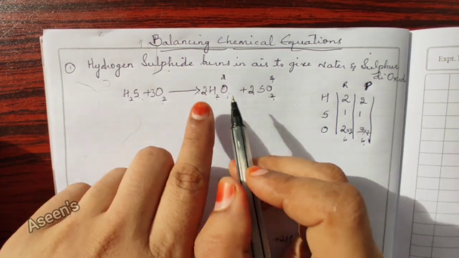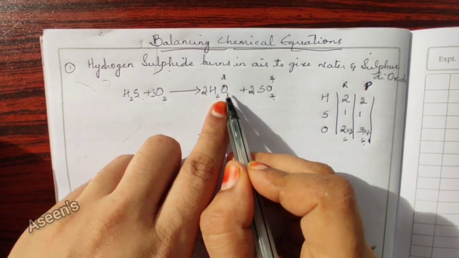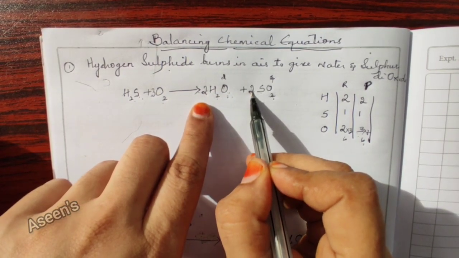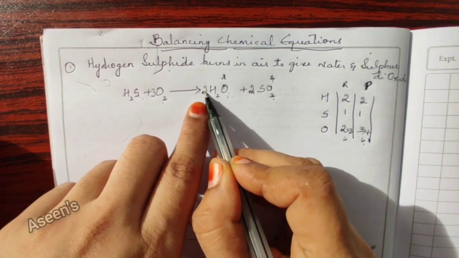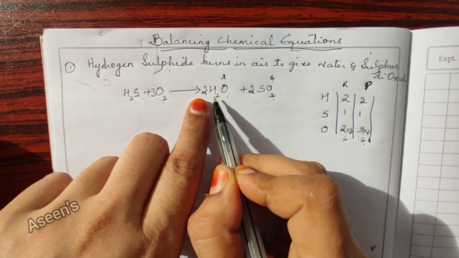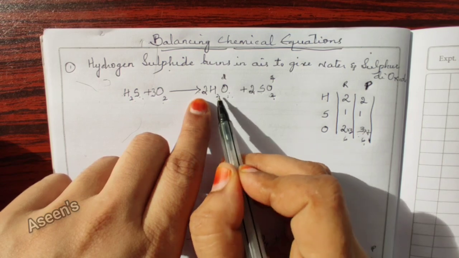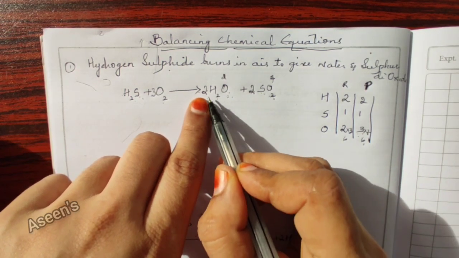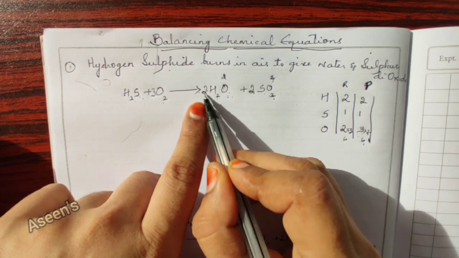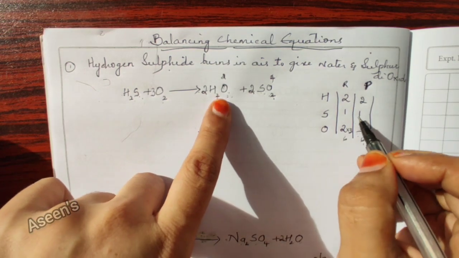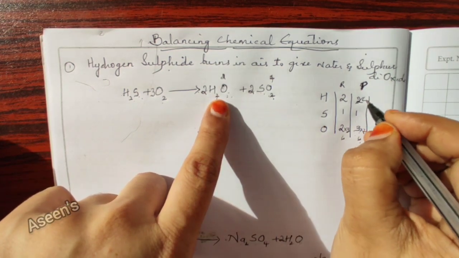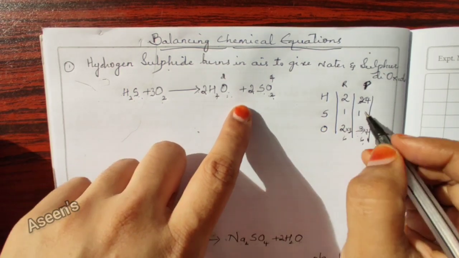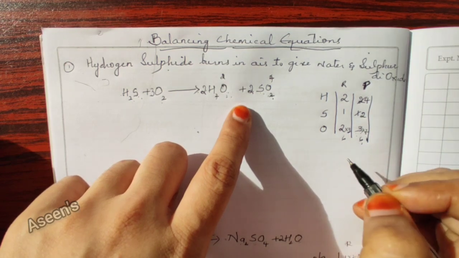Now see here on this side, to balance this oxygen, I have put 2 and 2. Now because of this 2, though my oxygen is balanced, my hydrogen and sulfur have changed. My hydrogen here has become 2 2s are 4. On the product side, my hydrogen has become 4. And here again, my sulfur has become 2.